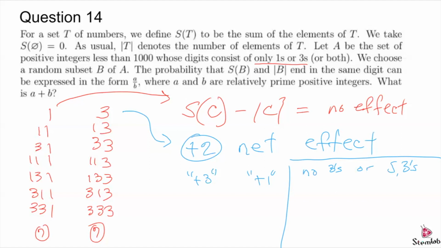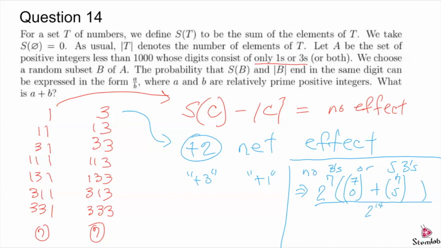That means there are 2 to the 7 ways of choosing the ones. The two cases we can write as 7 choose 0, where we have no threes, plus 7 choose 5, where we have 5 threes. All over the total number of cases, where each element is either in our subset or not, so there are 2 to the 14 of those cases.